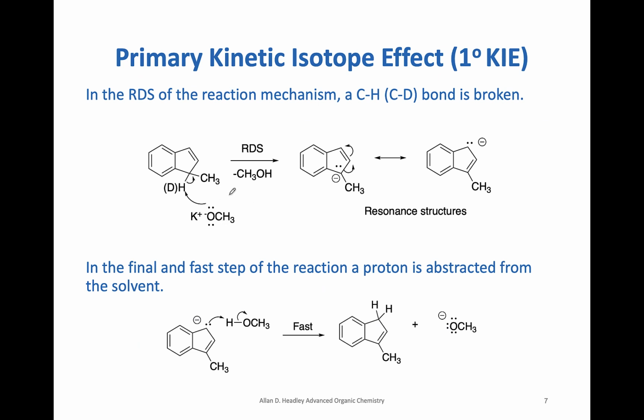So since it's a primary kinetic isotope effect, it implies that a bond breakage occurs in the rate determining step. In this case, based on the design of the molecule, it is either a CH or a CD bond that's broken based on which molecule is used. If the molecule is a CH here, you can see this would be the rate determining step to create the anion here, or the conjugate base.